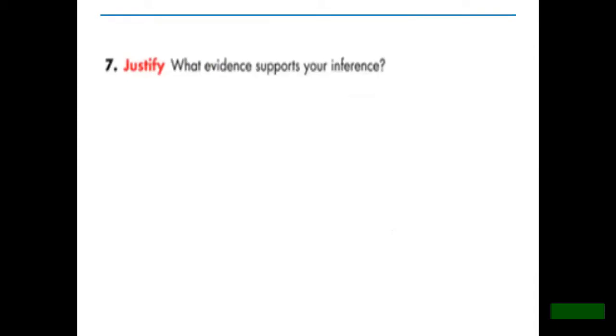Now, question number 7, justify. What evidence supports your inference? Who can tell me the answer? Yes, excellent. I have played with each kind of ball, and the rubber ball bounced higher than the others.